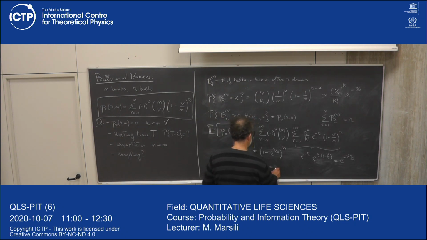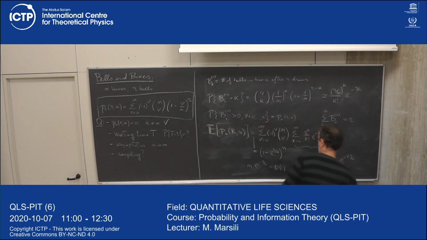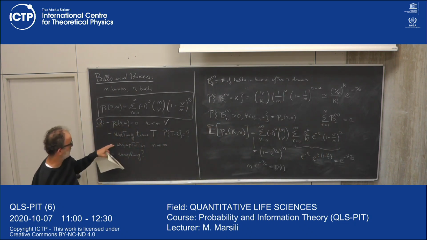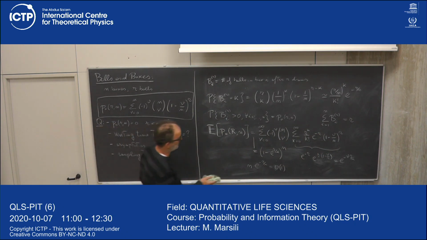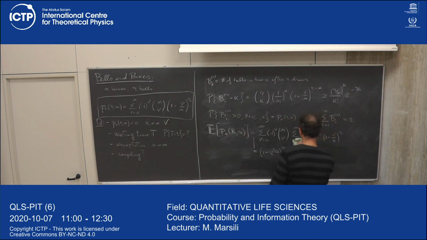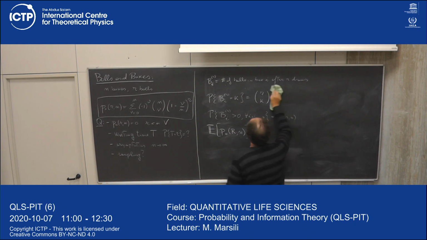So n times this should be of order 1. This tells you that R should be of order n log n. Okay, so this answers the question we have posed: why is it that this time is of order n log n?